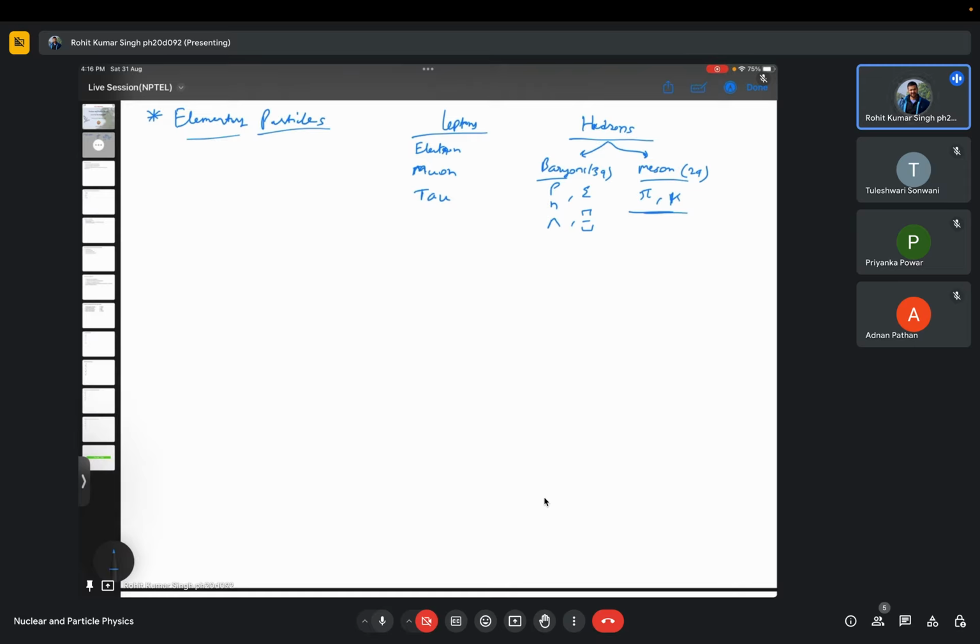Then we have the charge carriers, those which mediate the interaction between these particles. We have photons, which mediate the electromagnetic interaction.